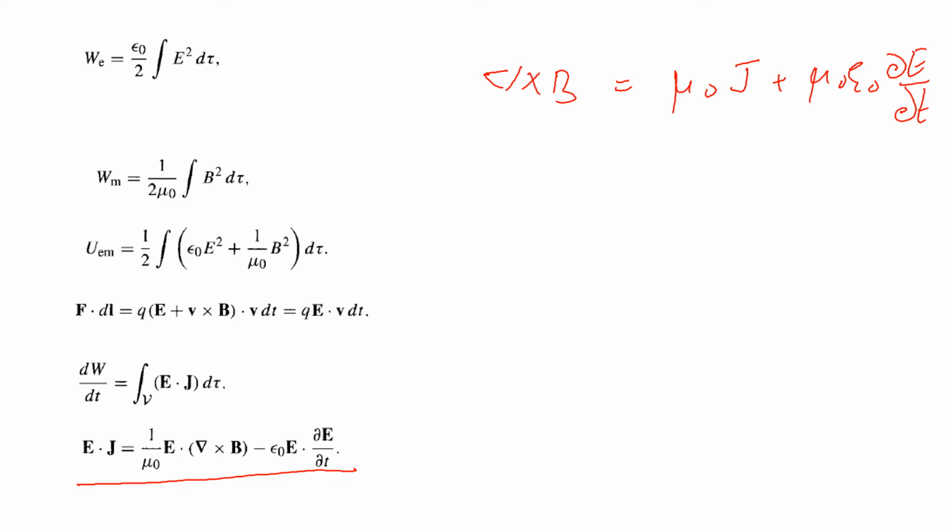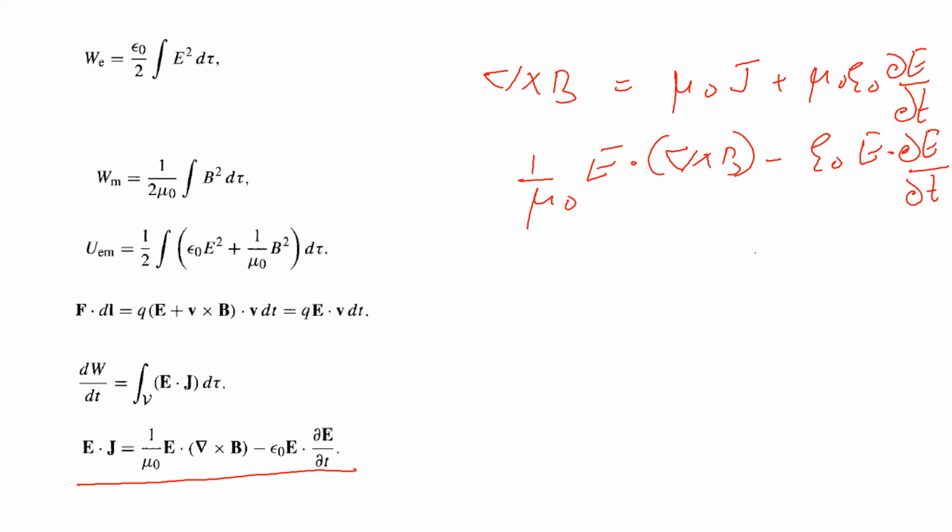So this can be rearranged to 1 by mu 0 E dot del cross B minus epsilon 0 E dot dou E by dou t equal to E dot J. This is the equation we use here.